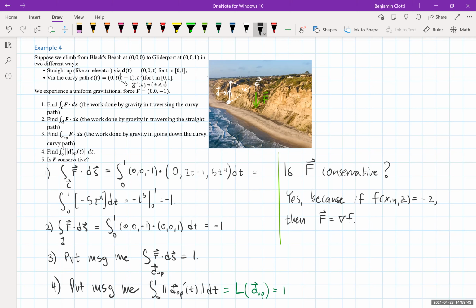There's also one very special parametrization. Among all possible parametrizations of a given curve, there's one special one that's called parametrizing by unit speed. It's the one that corresponds to moving with speed 1 along the path.